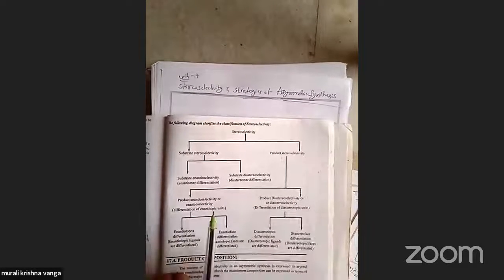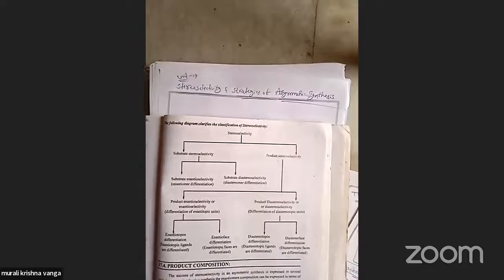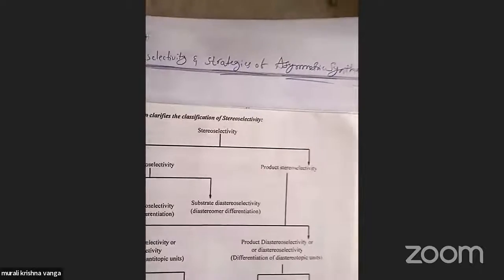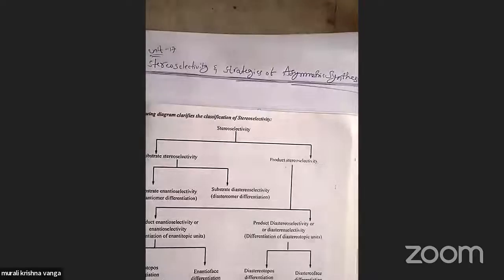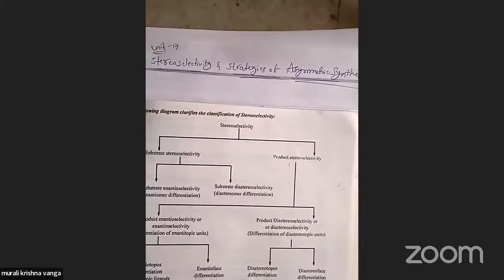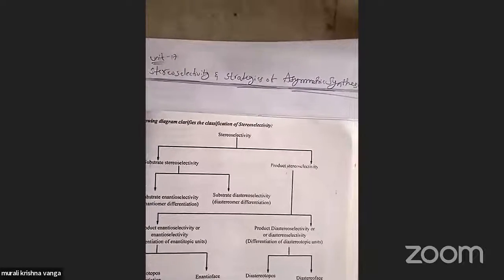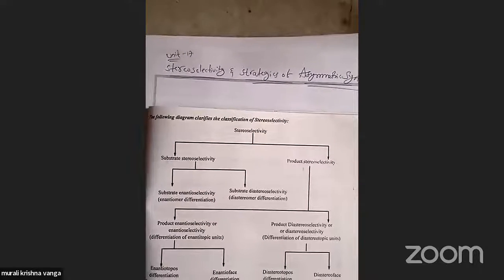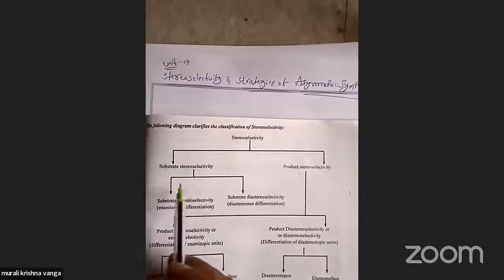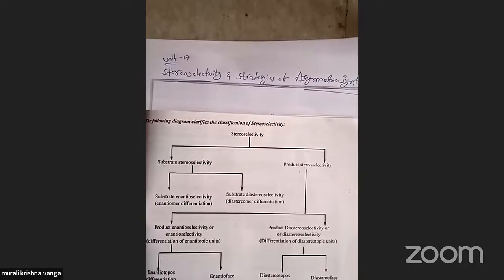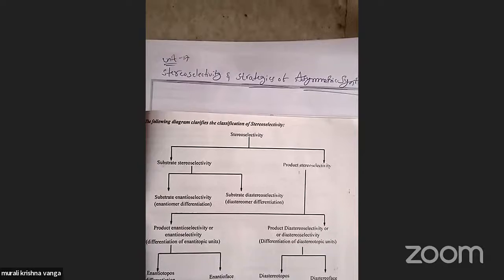Okay. First we are seeing a chart, and that is selectivity. Selectivity is of two types: substrate stereoselectivity and product stereoselectivity.